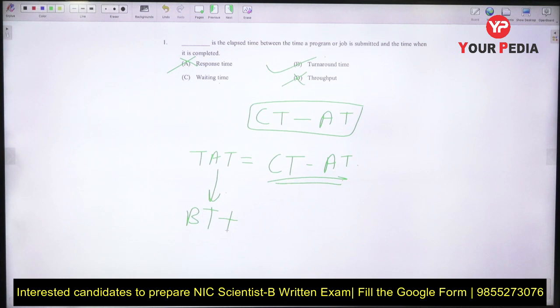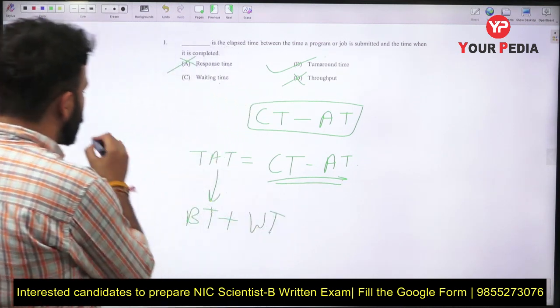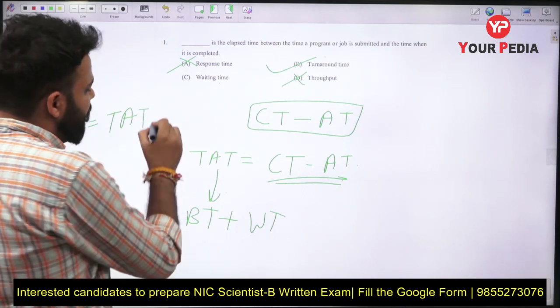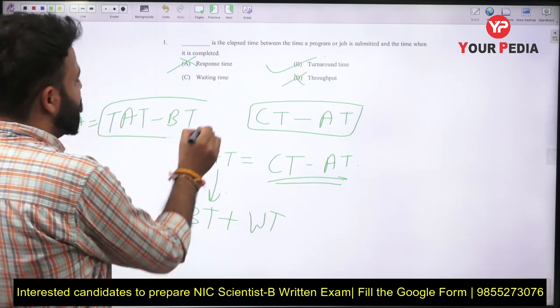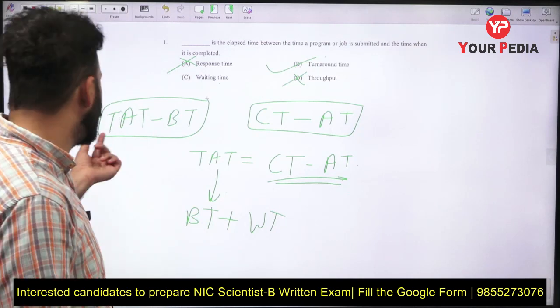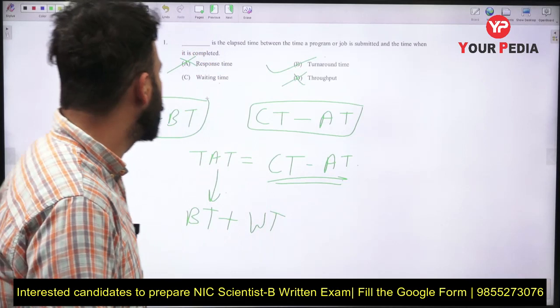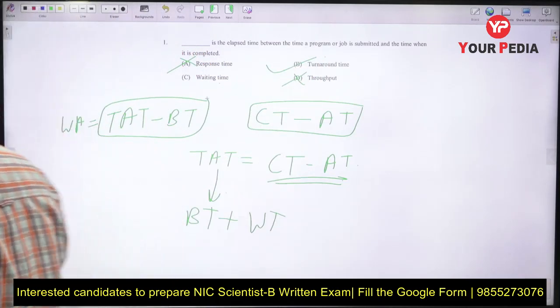That will be waiting time. So waiting time is total time spent inside the CPU minus total time spent executing the process. So waiting time is turnaround time minus burst time, and turnaround time is what is asked in the question. So the correct option will be option B.